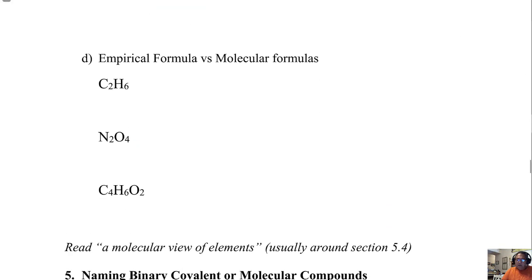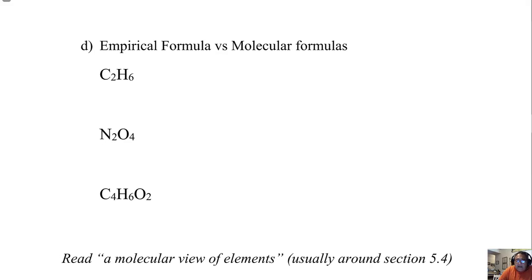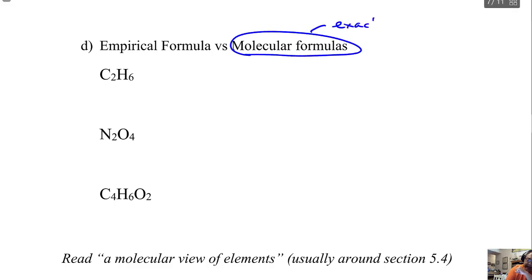Now, one more thing to talk about is the idea of an empirical formula or a molecular formula. Molecular formulas represent the exact numbers of atoms of the elements in a molecule, but an empirical formula is the simplified version that I was talking about before.